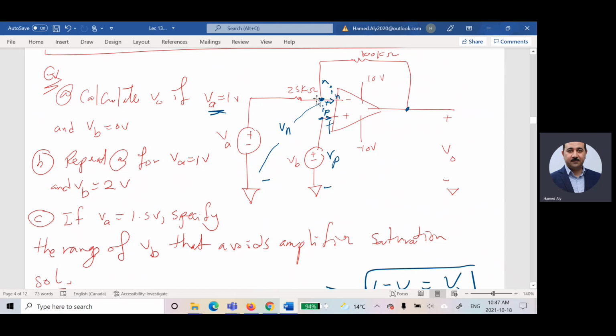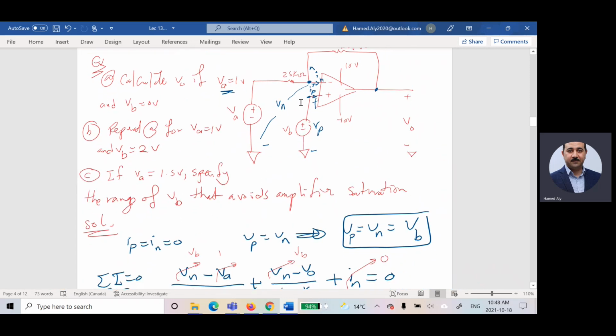And most of the problems depend on summation the current for each node is equal to 0. What is the current in this branch, guys? It is Vn minus Vo divided by 100 kilo. And in the same way, the current in this guy is Vn minus VA divided by 25.